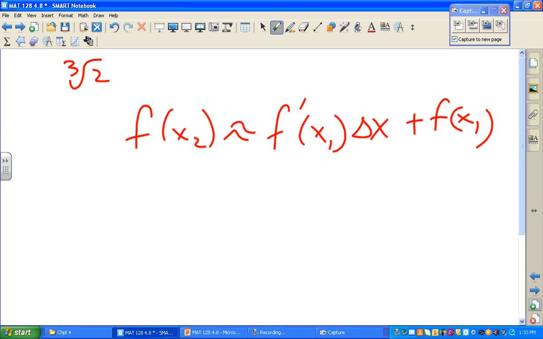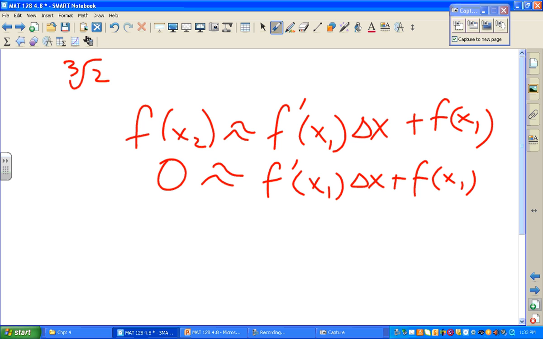Newton's method has to approximate the zeros of the function. So, in order for this to equal 0, you have to subtract it from itself. If you want to approximate something equal to 0, and you want an equation that does that, say you have this.